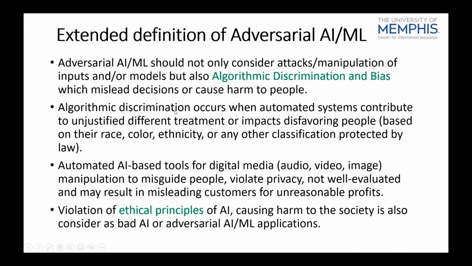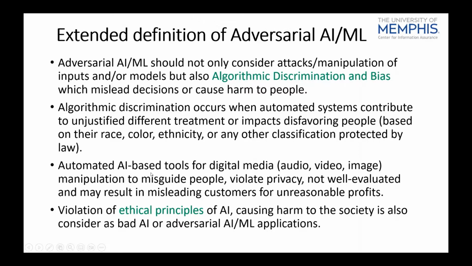Algorithmic discrimination occurs when automated systems contribute to unjust different treatment or impacts disfavoring people based on their race, color, ethnicity, or other classifications protected by law.